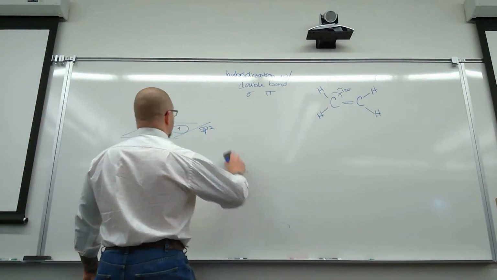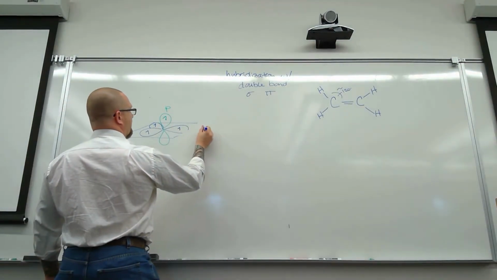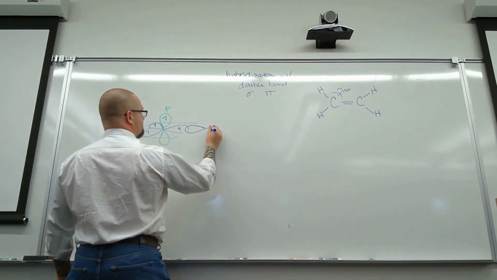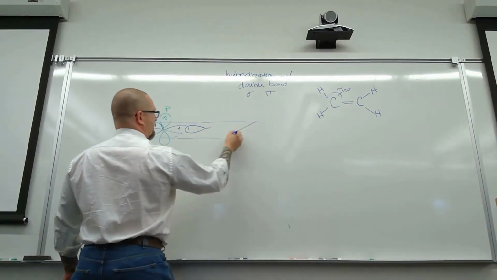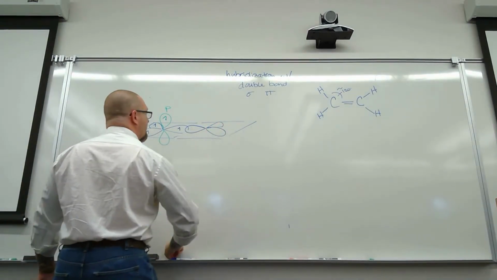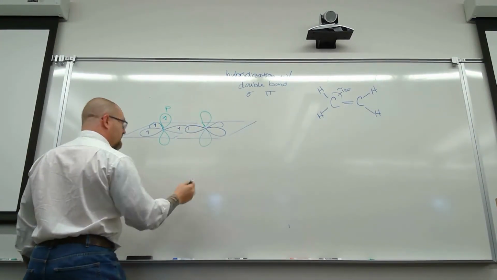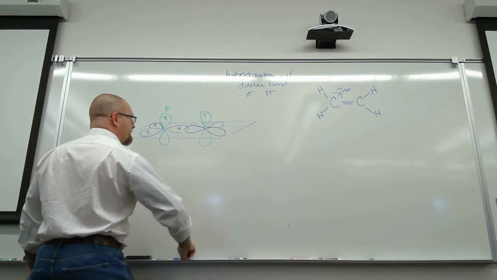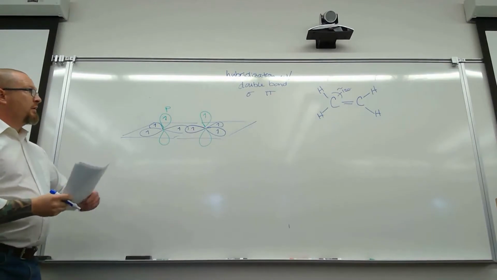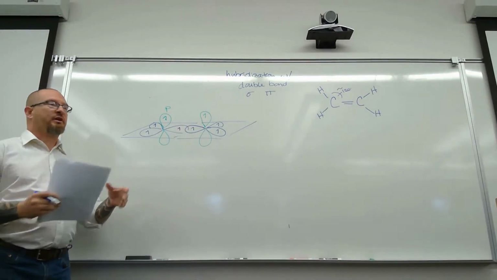What's going to happen is the first bond is going to form by linearly sharing the pair of electrons between the two nuclei, giving us our sigma bond.